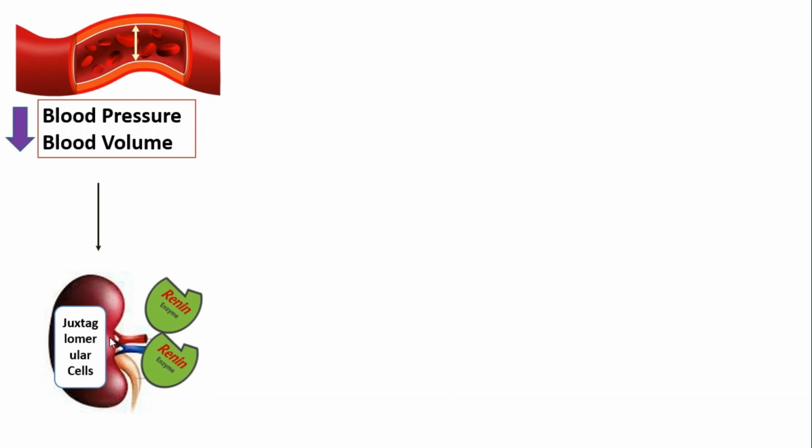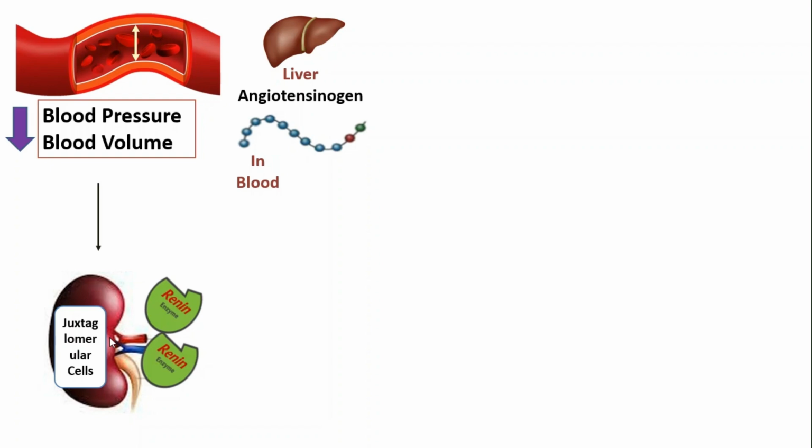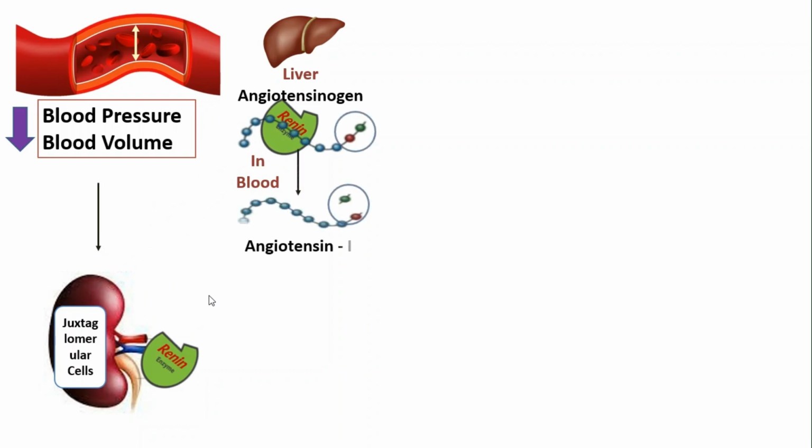Before we understand the role of renin, we need to understand angiotensinogen, a substance produced by the liver, which is already present in the blood before renin comes in. Once renin comes in, it cleaves the angiotensinogen to make angiotensin 1.